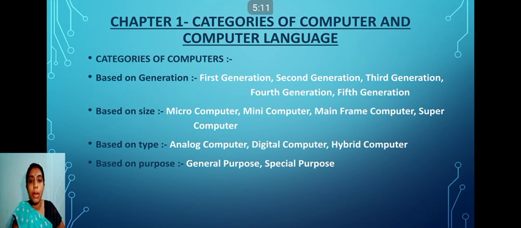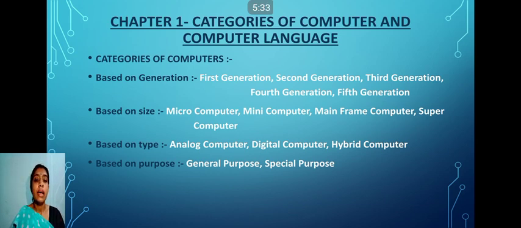So let's revise very quickly, starting with the first chapter. Today we will revise the first and the second chapter, which we have completed. I'm not going to go through all the topics in detail, but more or less we will cover all the topics. So the first chapter was categories of computer and computer language.